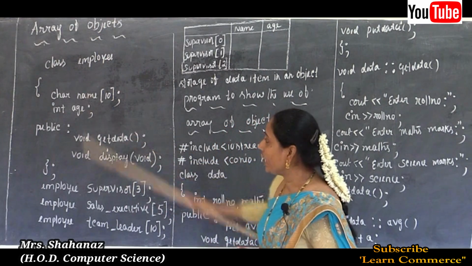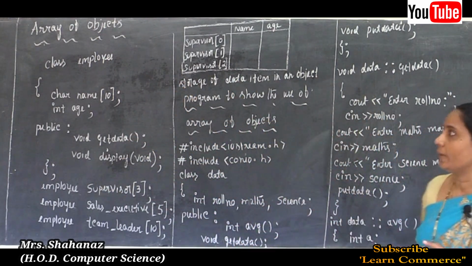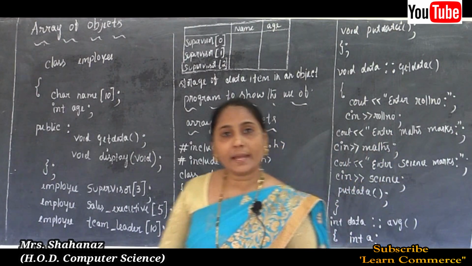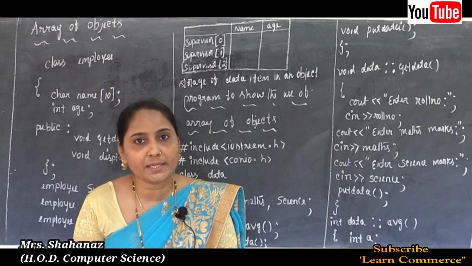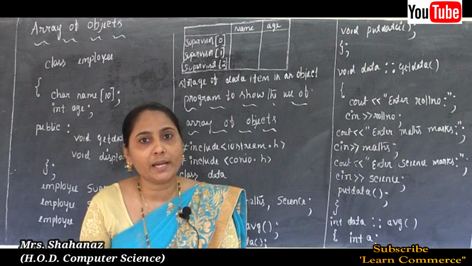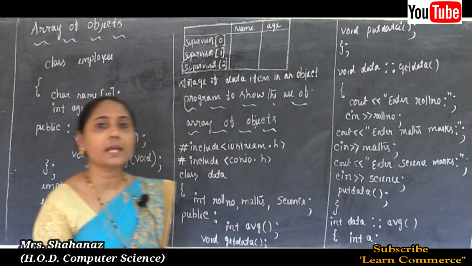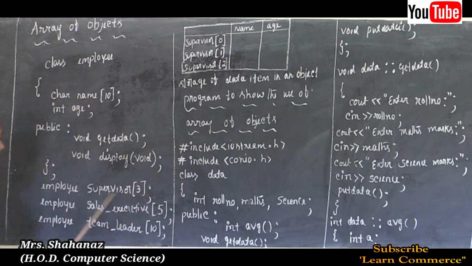Before going to the program, some explanation about array of objects. An array of objects having class type elements, okay, supervisor of 3 means 3 objects are there in supervisor, sales executive 5 objects are there, 0 to 4, team leader 0 to 9.